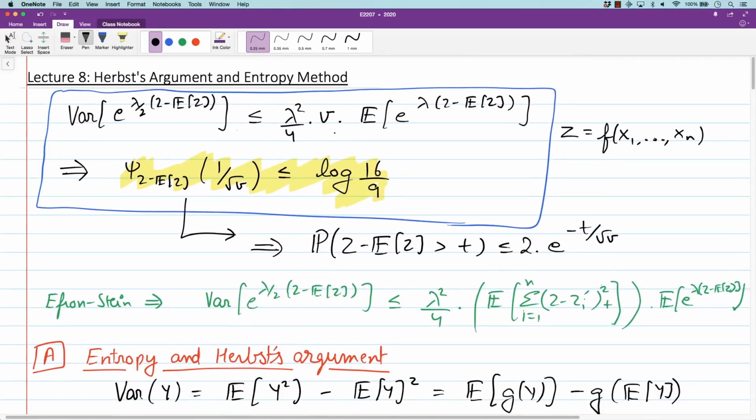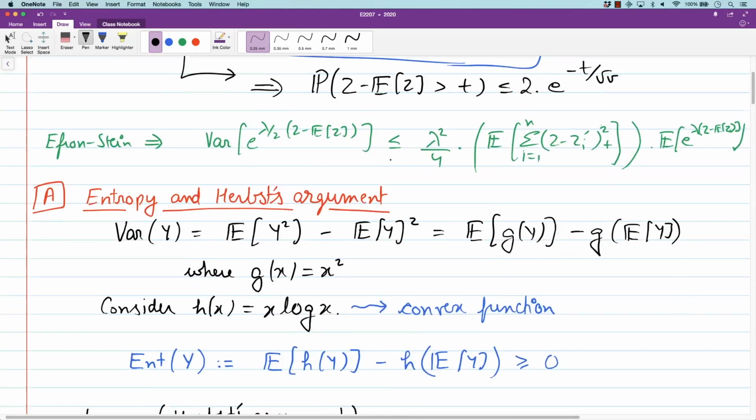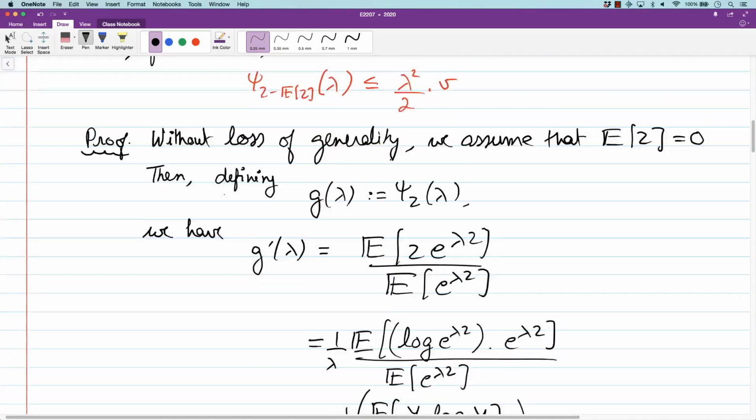Remember, in this lecture we started by saying that Herbst argument gives us the counterpart for this inequality. But now when we prove this inequality, we have to establish this condition, for which we use Efron-Stein inequality. So what is the counterpart of Efron-Stein inequality?